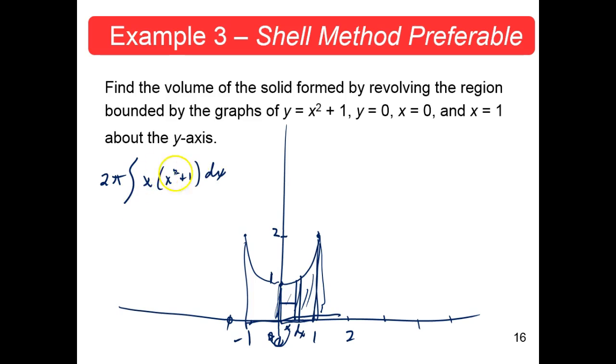And since you're doing a dx, your limit of x is going from 0 to 1. Yeah, there it is. They gave you that to begin with, 0 to 1. Okay? One little thing you've got to do before you proceed any further is what?